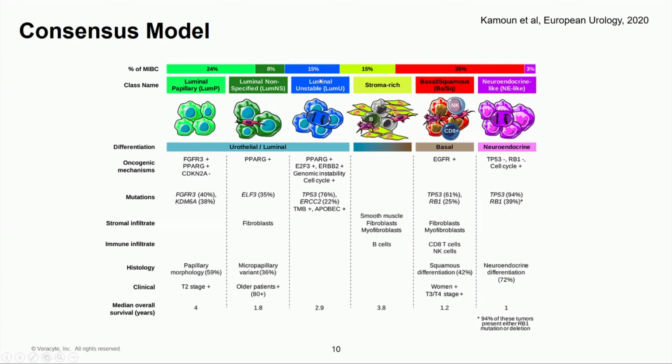So there's a luminal basal axis as before, but they also recognize a stroma-rich population. And this is possibly because they include a lot of radical cystectomy tissues in their classifier development. And from some of our data, which I'm not going to show you today, we do find there's a scar-like or stroma-rich population after systemic therapy, or even without systemic therapy at radical cystectomy. So this may have come from that phenomenon.